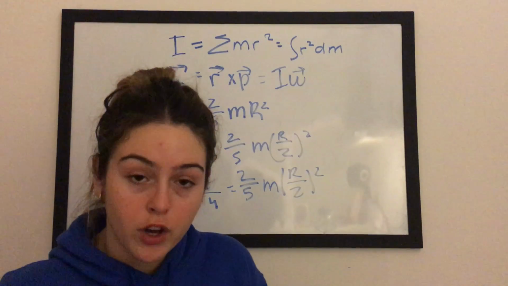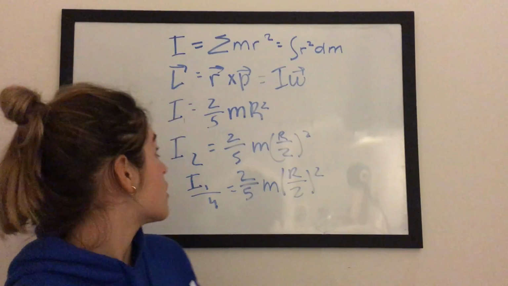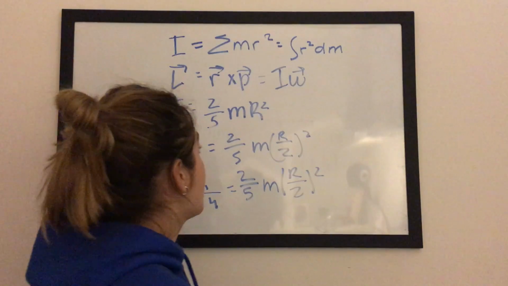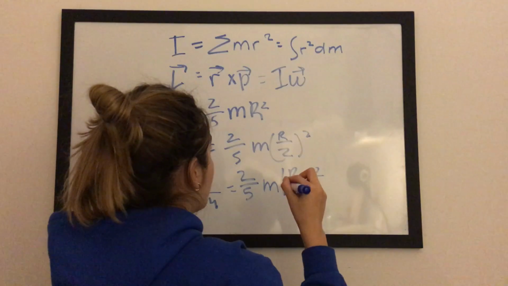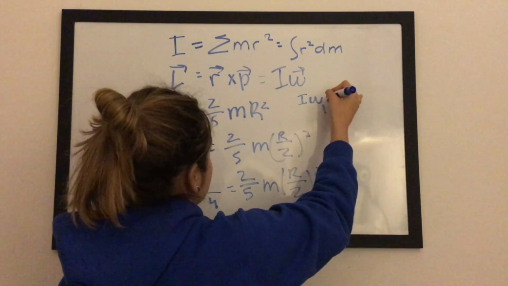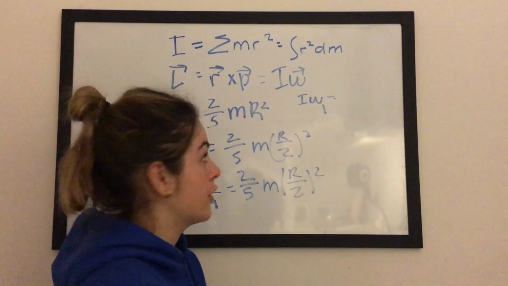So we also know that angular momentum is described by this formula right here, which is inertia times the angular velocity. And so we can go ahead and do I1 W1, because we know that angular momentum is conserved by conservation of angular momentum.